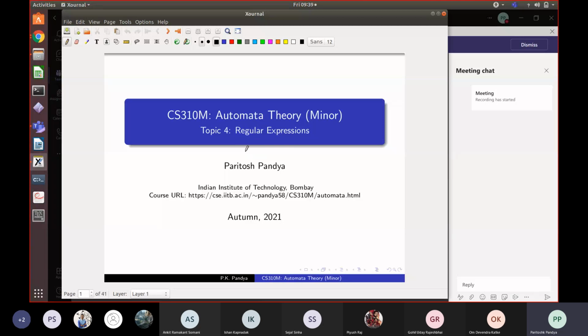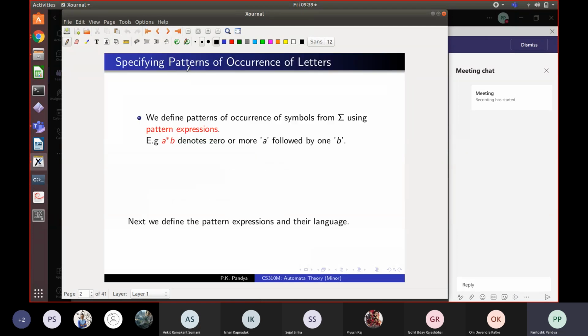So today's topic is what is called regular expressions. Okay, and it's an important topic. So we will learn this today. What are we trying to do? We are trying to specify patterns of occurrences of letters. Now, this kind of thing occurs in many cases.